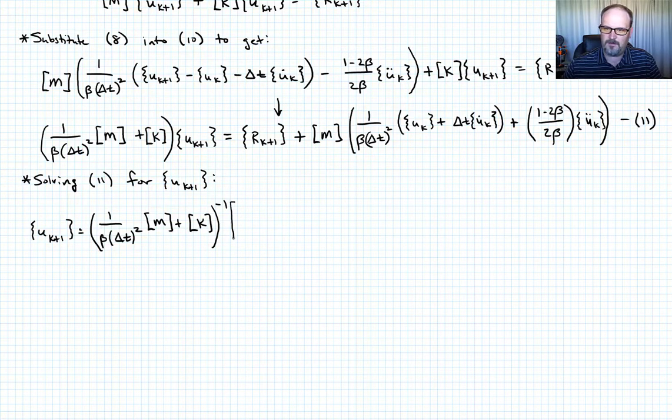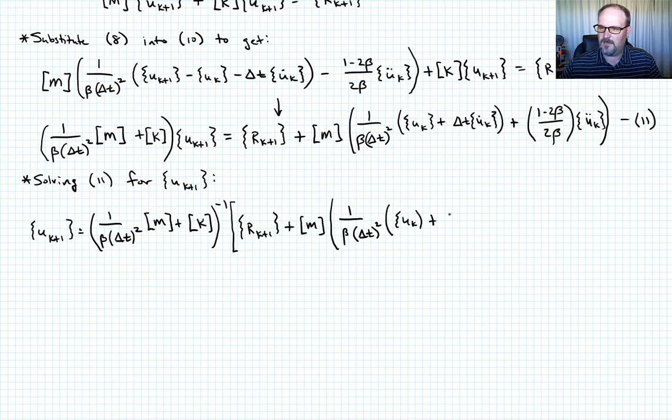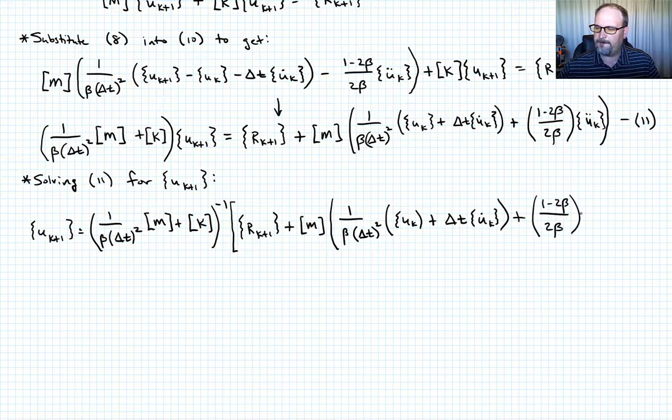So times r_{k+1} plus M times this quantity that we just wrote down: 1 over beta delta t squared times (u_k plus delta t times u dot k, plus (1 minus 2 beta) over 2 beta times u double dot k).